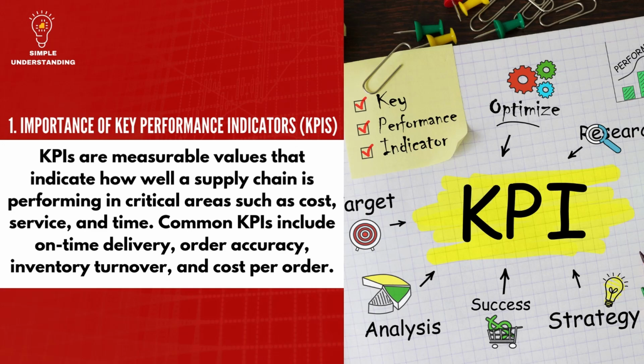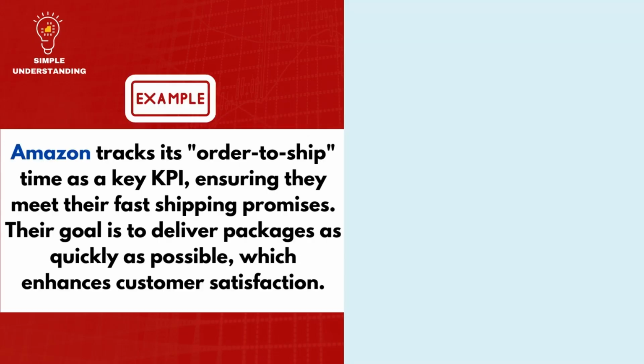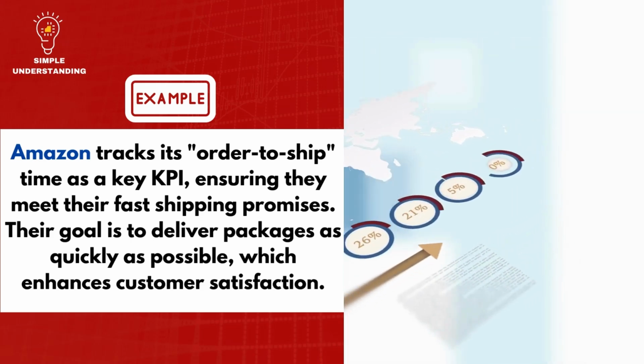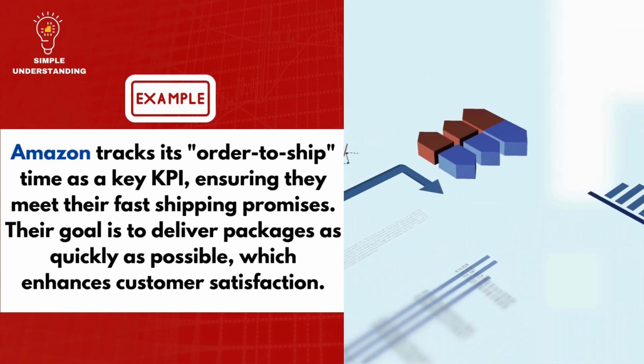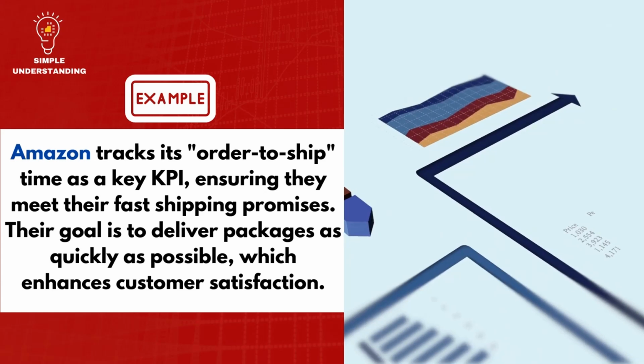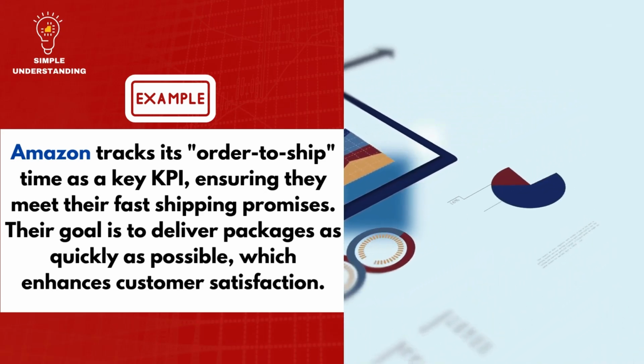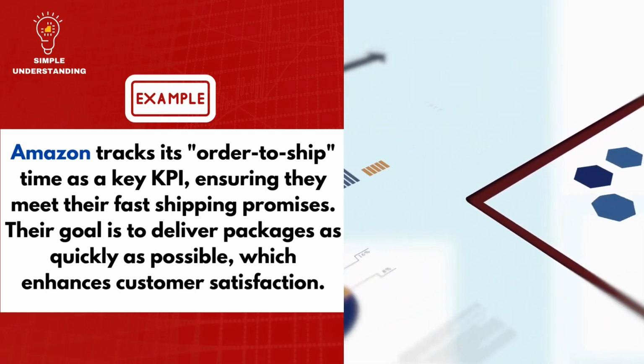Common KPIs include on-time delivery, order accuracy, inventory turnover, and cost per order. Example. Amazon tracks its order-to-ship time as a key KPI, ensuring they meet their fast shipping promises. Their goal is to deliver packages as quickly as possible, which enhances customer satisfaction.